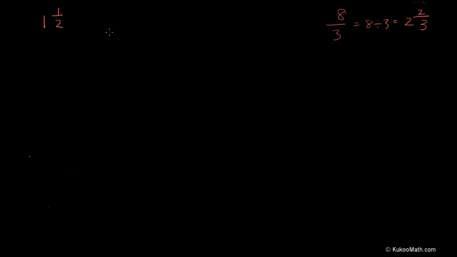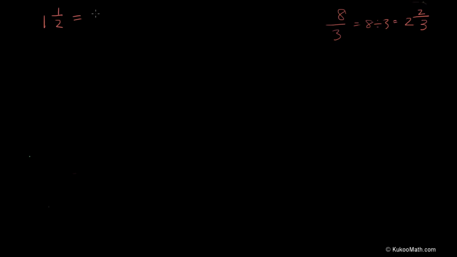Now if we're going the other direction, the opposite of division is multiplication. So that's the trick that we're going to be using here. What you're going to do is multiply the denominator by the whole number part of the mixed fraction, and then add the numerator to it. So in this case, we would multiply 2 times 1, which is 2, and then add the numerator on top.